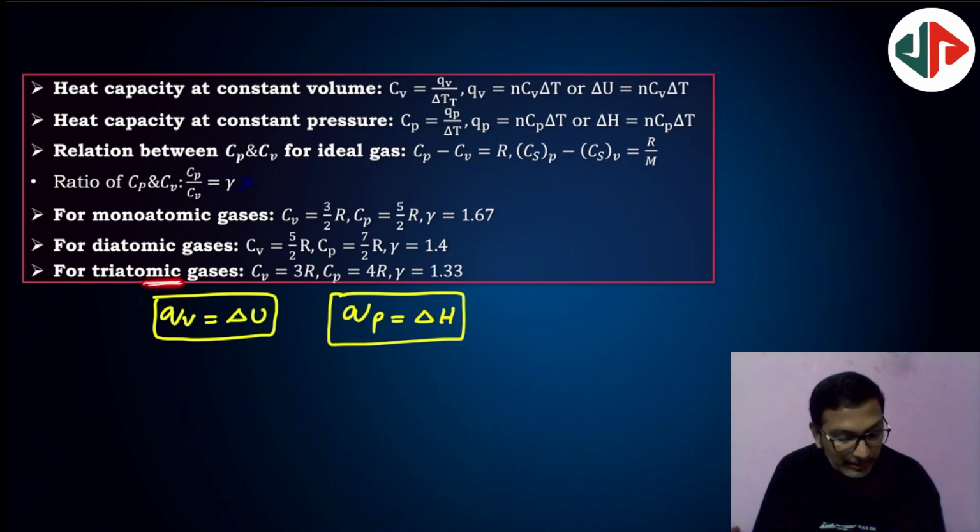Triatomic or polyatomic, 3 R and 4 R, 1.33. Remember these values. These are important for problems and calculations. 3 by 2, 5 by 2 monoatomic; 5 by 2, 7 by 2 diatomic; 3 and 4 triatomic or polyatomic.